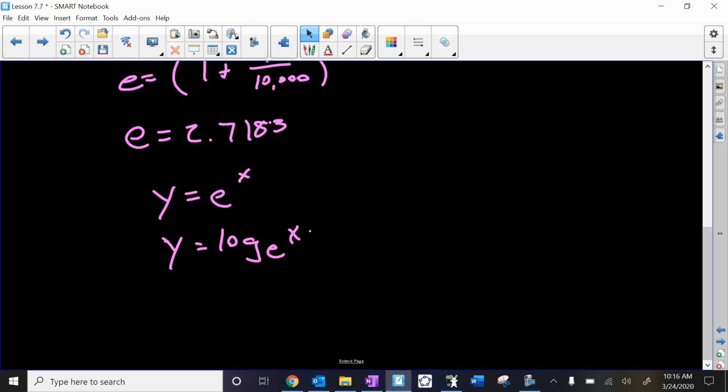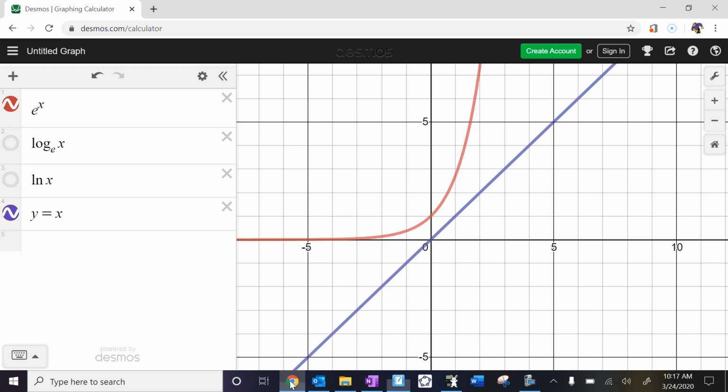Okay, these are going to be inverses of each other. Let me write that in here for you guys to see, they're just inverse of each other. So let's go and take a look at its inverse. There it is. You can see that it's an inverse. It's crossing over top of that. It's just reflecting over top of the line y equals x.